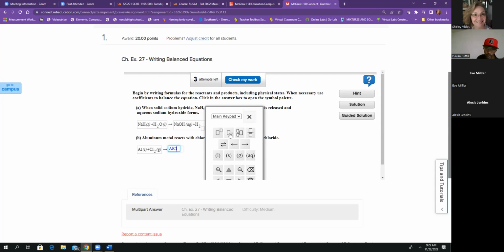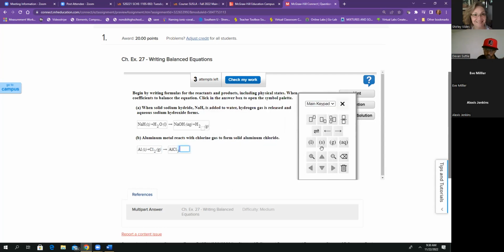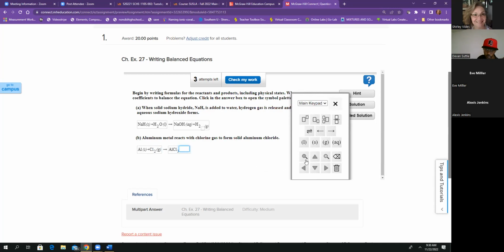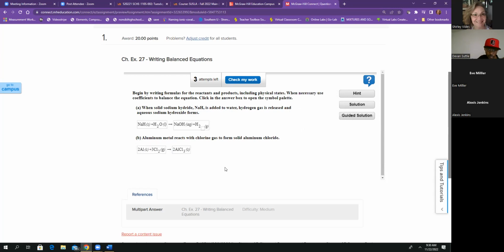And this, once again, you need your keypad to go down. So 3, bring it back up, and it says solid. You see that? Okay, so solid. Boom, there. Now, this isn't balanced, so let's balance. We need 3 of these, right? We need 2 of those. So that means we need 2 of these and 3 of these. Okay, that should be correct.